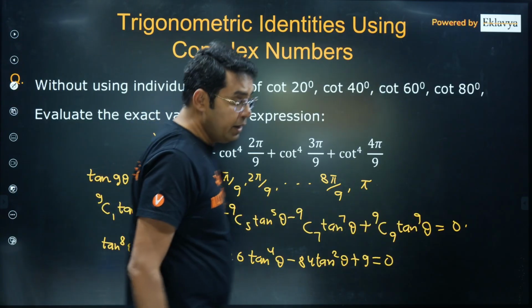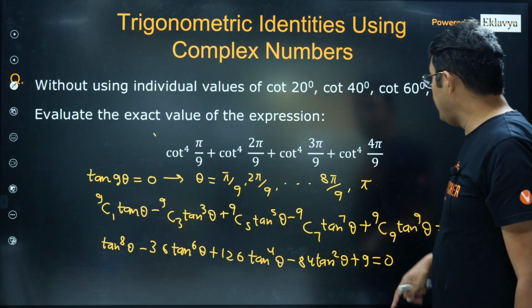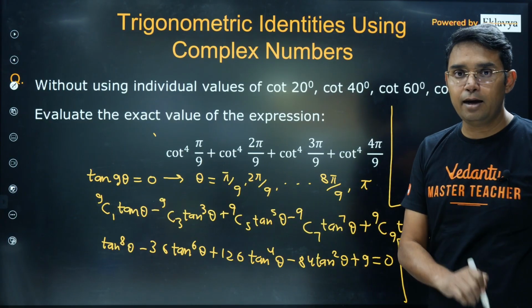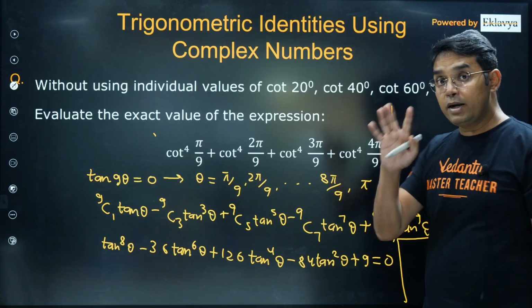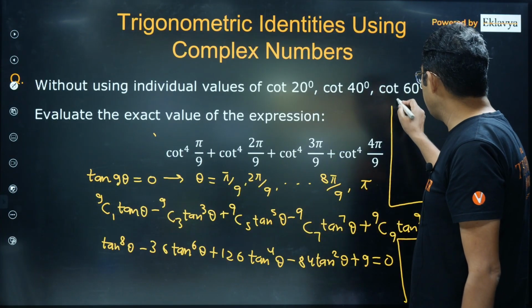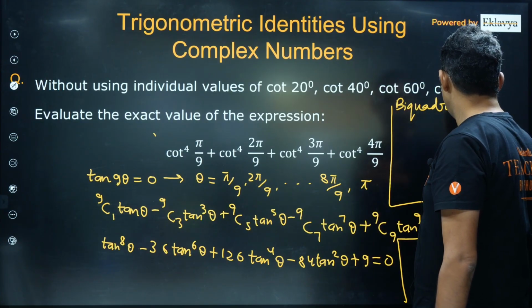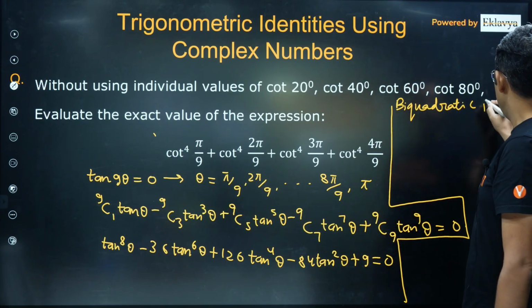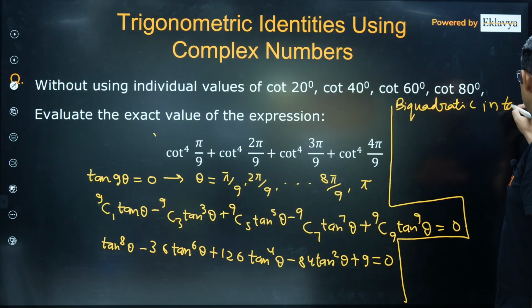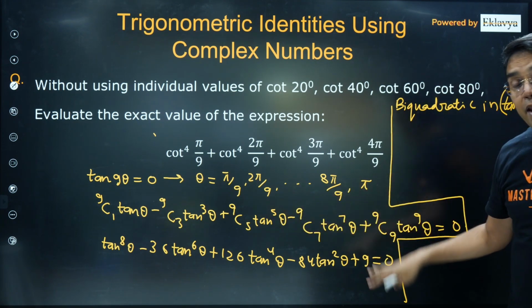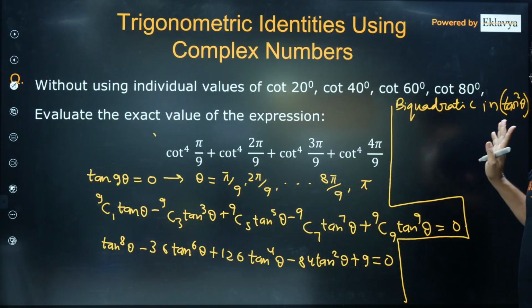Now dear all, this is an 8-degree polynomial if you look at it from the angle of tan theta, but it can be a biquadratic also. It can be a biquadratic in tan square theta, isn't it? If I take tan square theta as t, this will be a biquadratic in tan square.